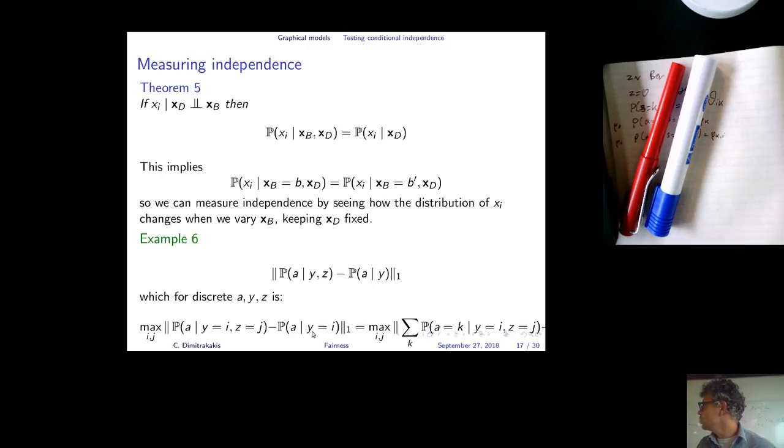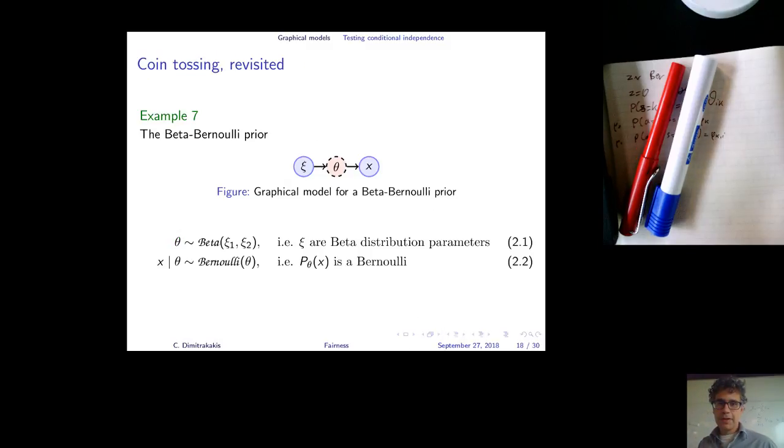And it's pretty simple to look at the difference. It's just the absolute value of phi_k minus phi_kj, summed over all the possible k's, all the possible a's. Here there are only two a's, so it's this one and 1 minus this one. Okay, so it's pretty simple to just measure it.